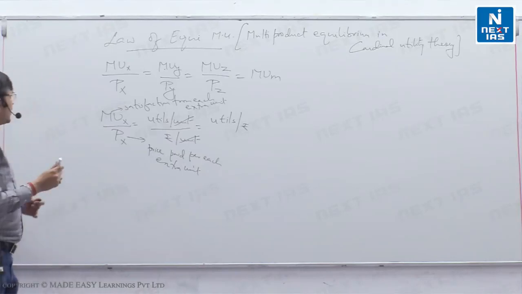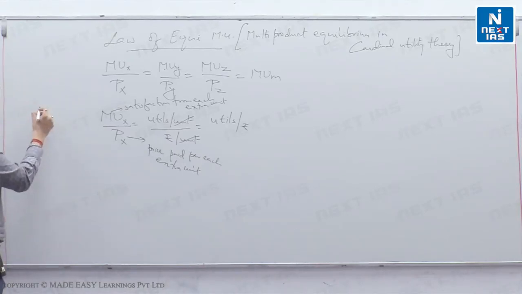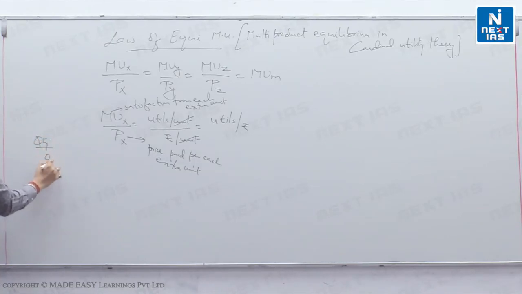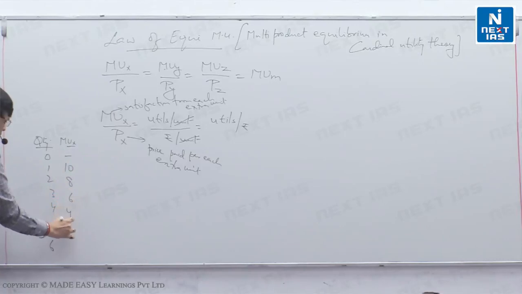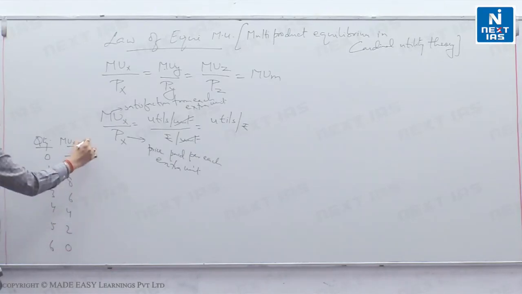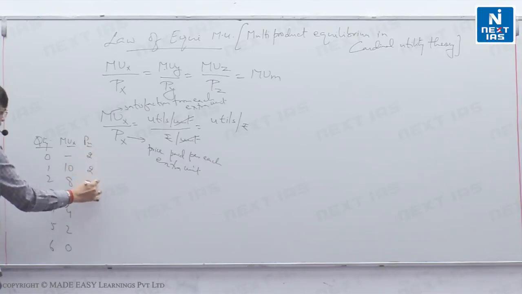Socho ek baat, I'm drawing a table for you from yesterday itself. So suppose if I take quantity 0, 1, 2, 3, 4, 5, say 6, and I take MUX as 10, 8, 6, 4, 2, 0, and I take PX as suppose 2 rupees per unit.